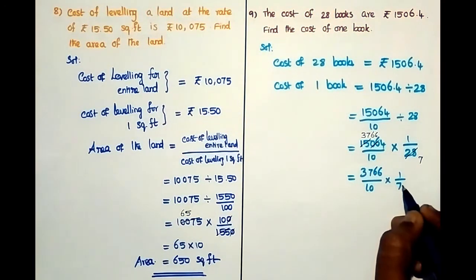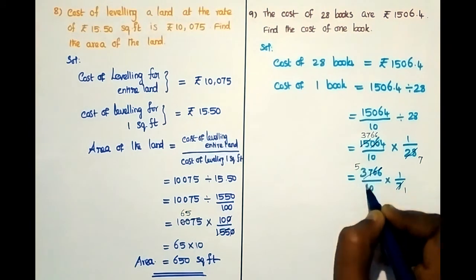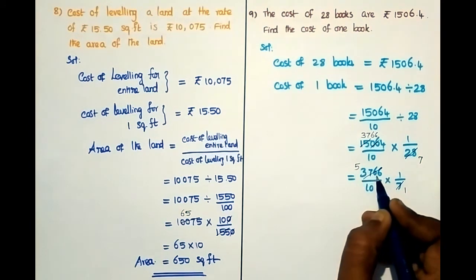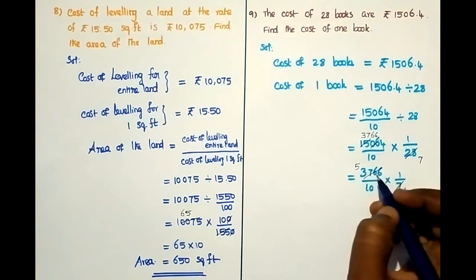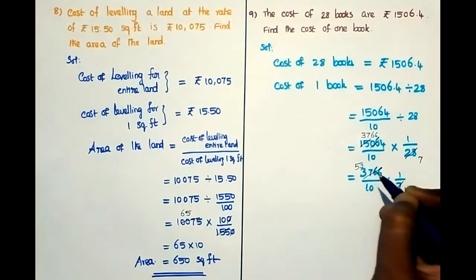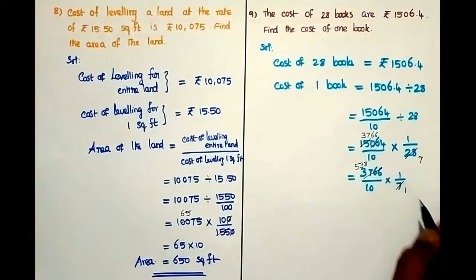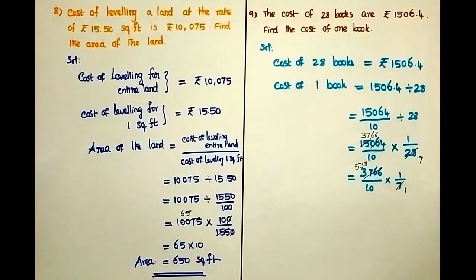Cancel this number by 7th table. 1 7 is 7. 7 5s are 35. Balance 2. It becomes 26. That is 7 3s are 21. Balance 5. It becomes 56. 8 7s are 56.